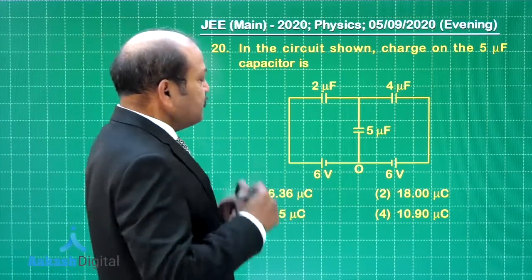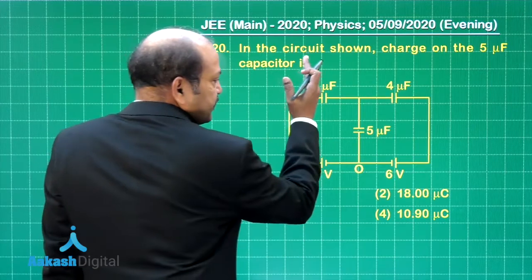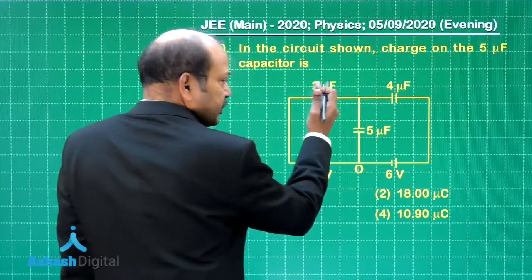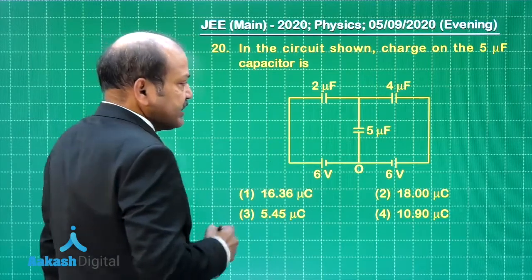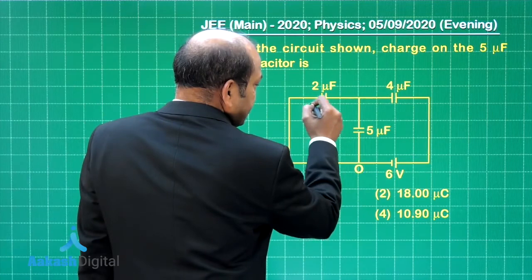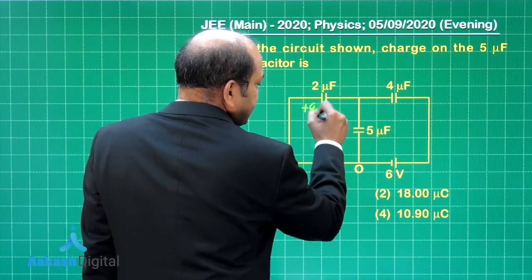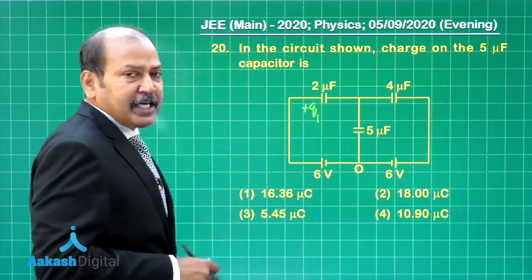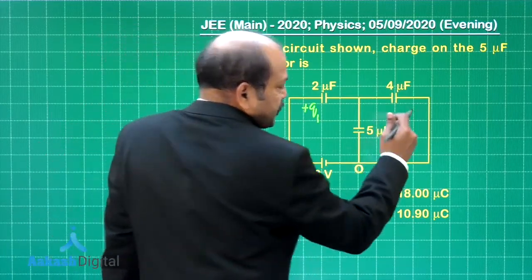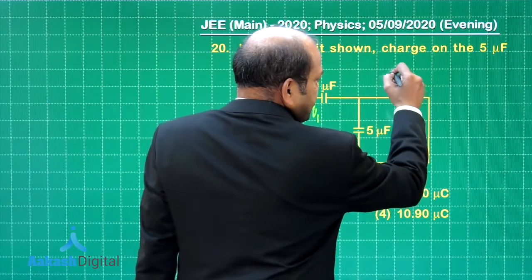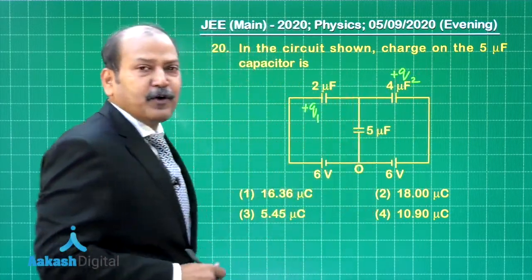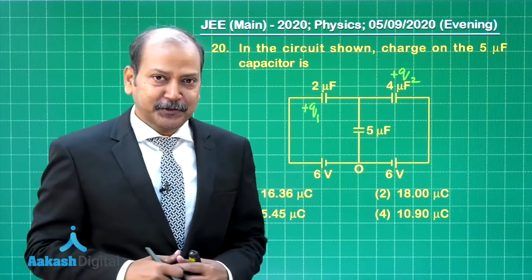Let us assume that the charge on this particular capacitor is Q1, with plus Q1 on the left plate. On the right plate automatically it is minus Q1. Similarly, let us assume the charge here is plus Q2 on the right plate, and on the left plate it is minus Q2.